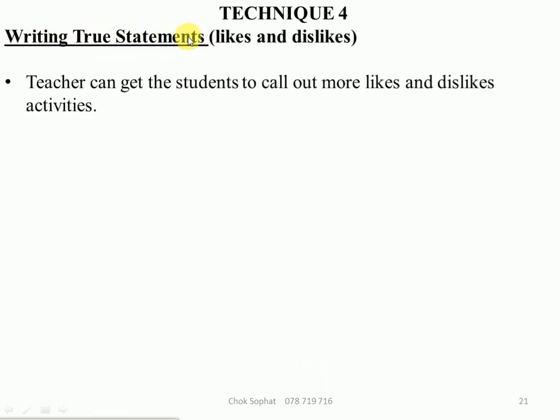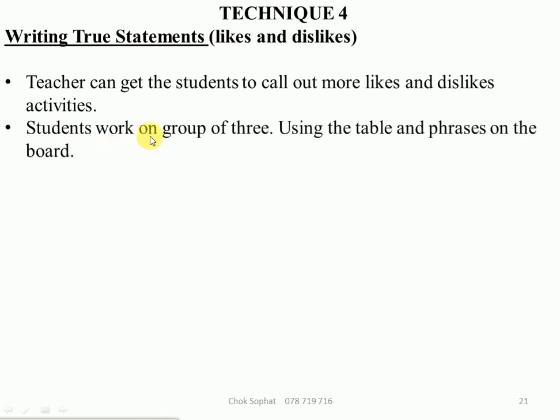Okay, technique 4: written statements. After we ask them to practice in conversation, now we ask them to practice in writing. Like this, the teacher can get students to call out more likes. We can ask them to work in a group of 3, using the timetable phrases on the board.